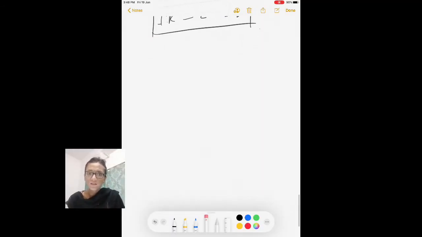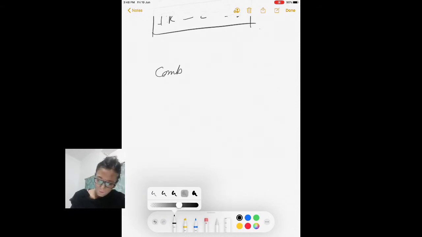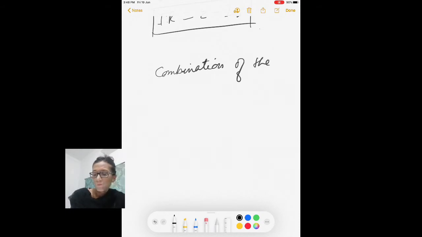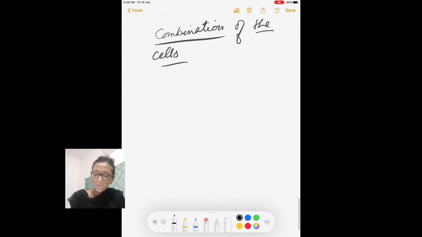Combination of these cells. There are two ways by which we can combine the cells. The first way is series combination.